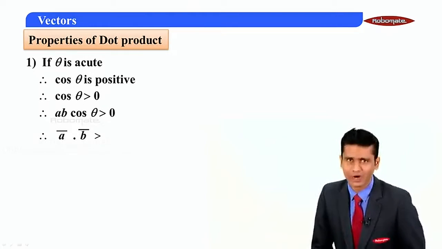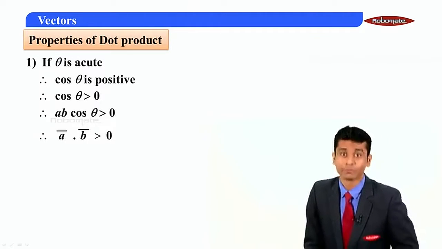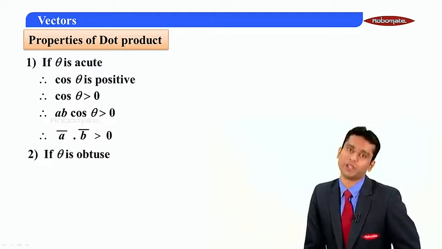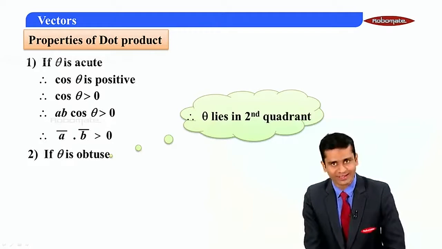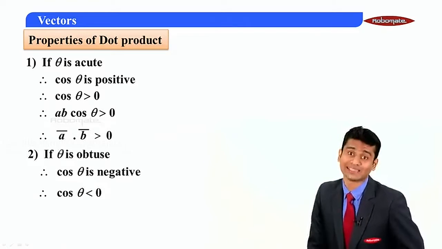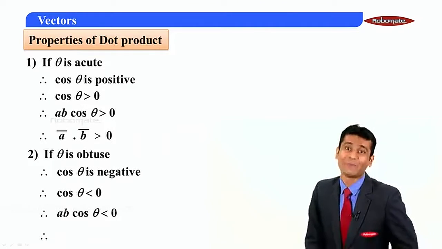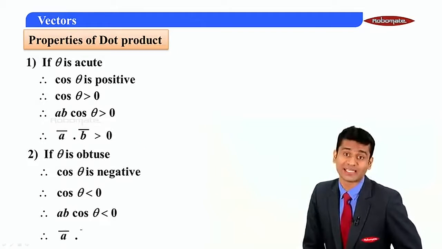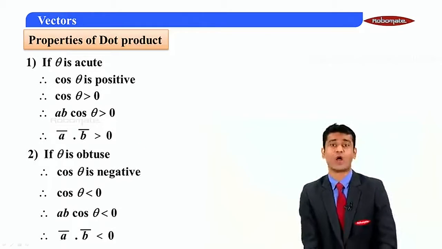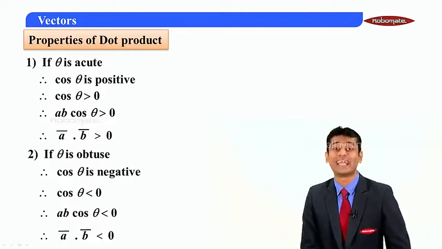Whenever your theta is acute, your dot product is always positive. If your theta is obtuse, in the second quadrant, cos theta is negative, less than 0. Then AB cos theta is less than 0. Therefore, A bar dot B bar is less than 0. Whenever your theta is obtuse, your dot product is negative.